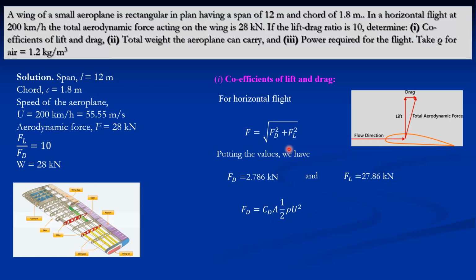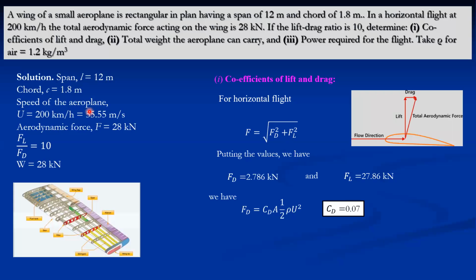Once we know FD, we can calculate CD, because FD is equal to CD times A times 1/2 rho U squared. This is again a frictional drag. Majority is frictional drag, because we are considering these things, that is length and power.